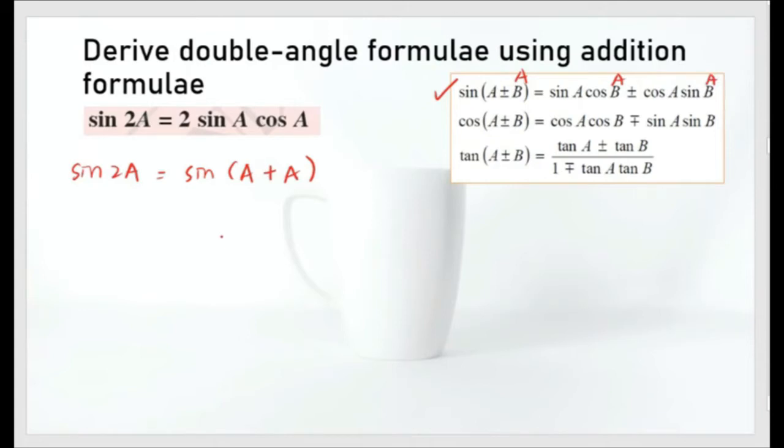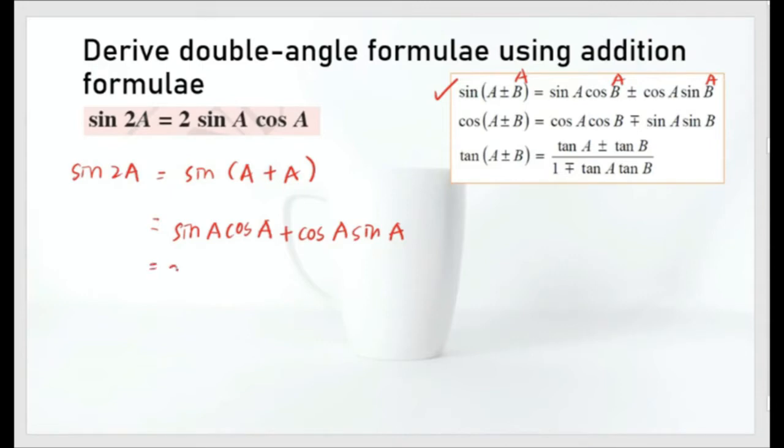From here we get sine A cos A, then plus cos A sine A. Look at this: sine A cos A and cos A sine A, they are the same, right?